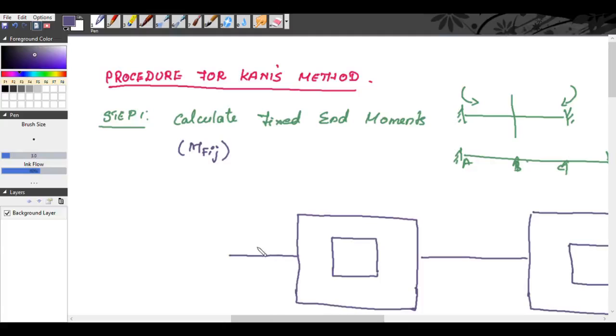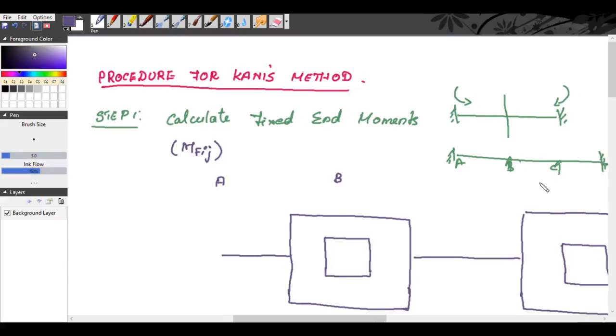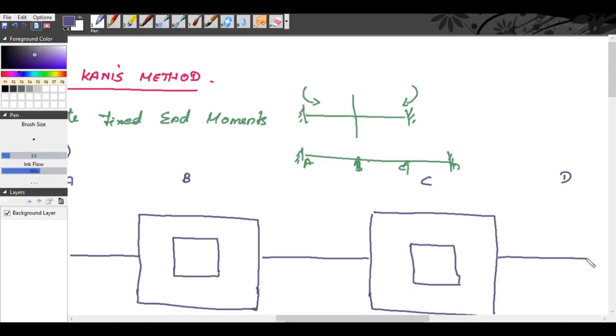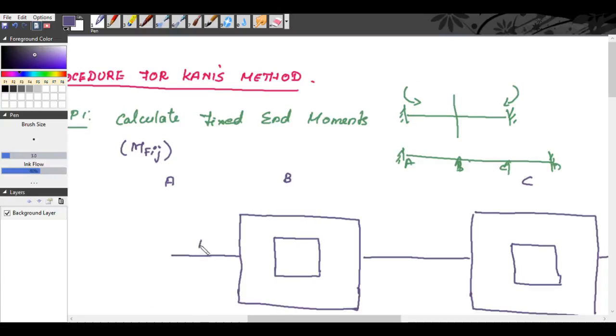So you have to write the moments here, right? See this, there will be A, this is B, joint C and joint D. So you will be writing MFAB, MFBA.